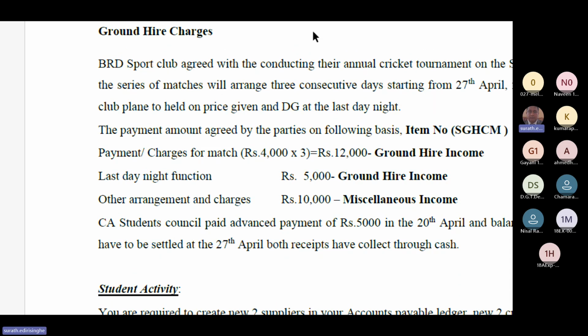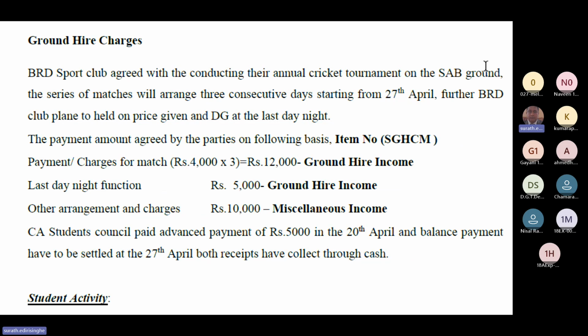BRD Sport Club agreed with a different customer on conducting their annual cricket tournament on the sub ground. The series of matches will be arranged on 3 consecutive dates, the 27th, 28th and 29th of April.